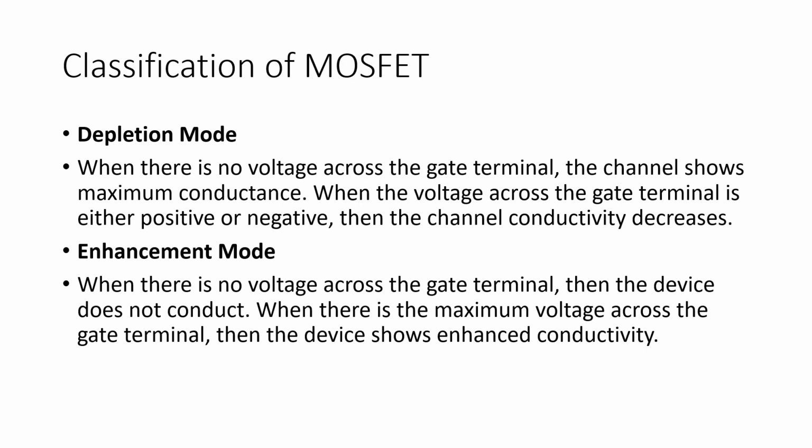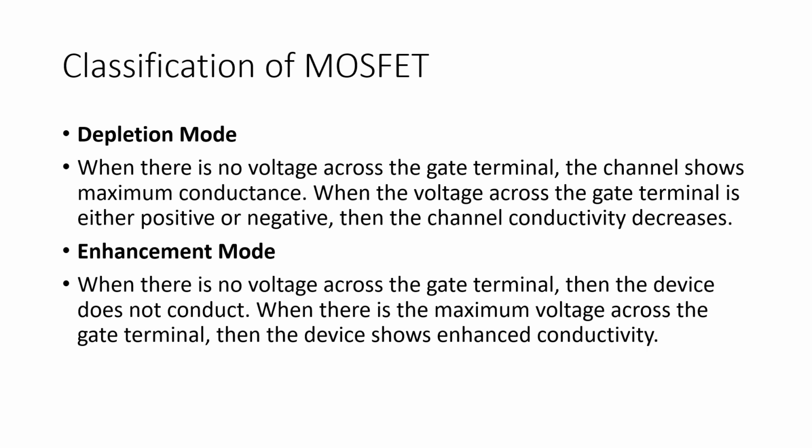In order to decrease the channel conductivity, the gate terminal should be either positive or negative. Or simply, a depletion mode MOSFET is a MOSFET where the channel is already formed during fabrication with the help of an implantation process.